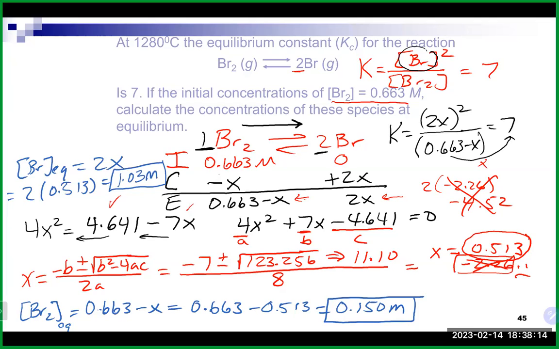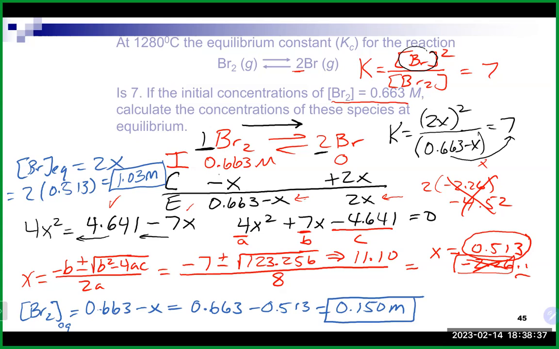Question on that there? Any of the steps that we did there? So the 0.15 represents the equilibrium concentration of Br2. The 1.03 represents the equilibrium concentration of Br at equilibrium.